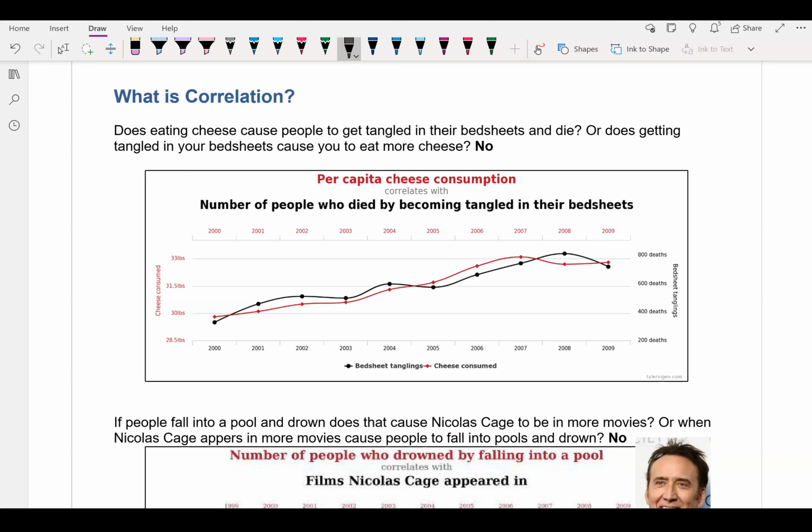Well, the answer is definitely no. But if you were to look at this graph, where the black line represents how often people get tangled in their bed sheets and die, and the red one being how much cheese they eat, you might want to say that there's a relationship here. So, yes, there is a relationship. There is a correlation, but that doesn't mean that one is causing the other.